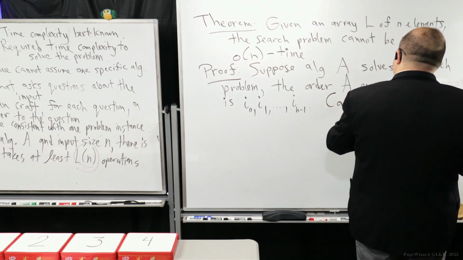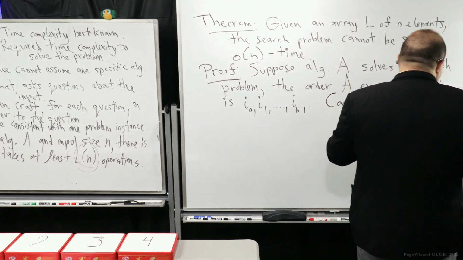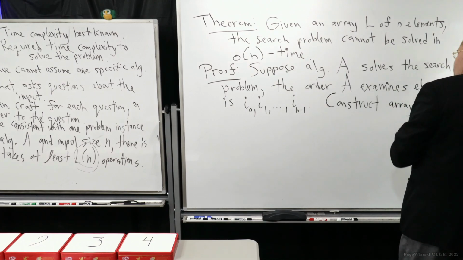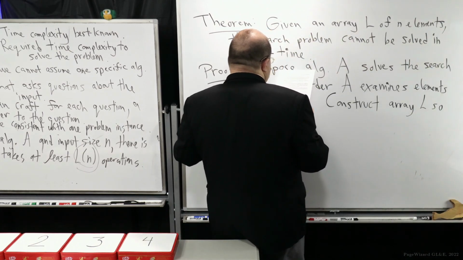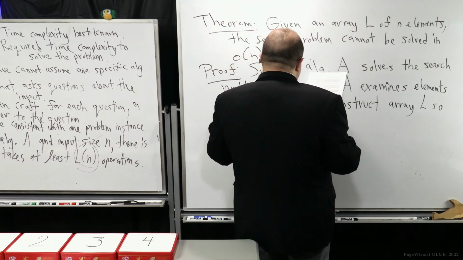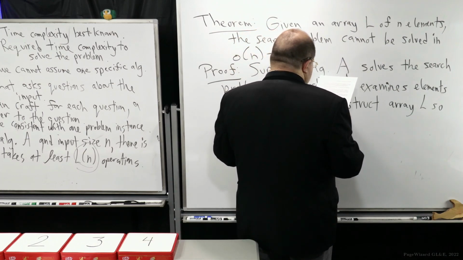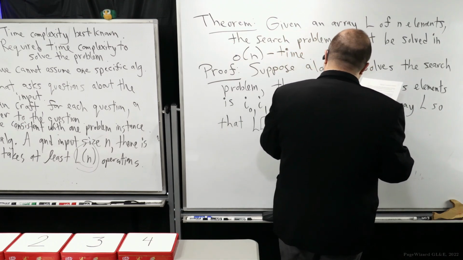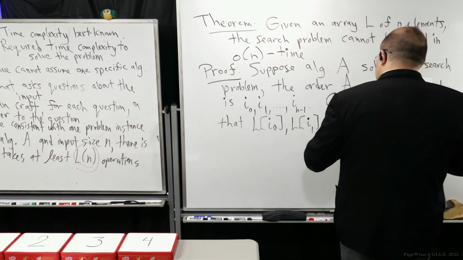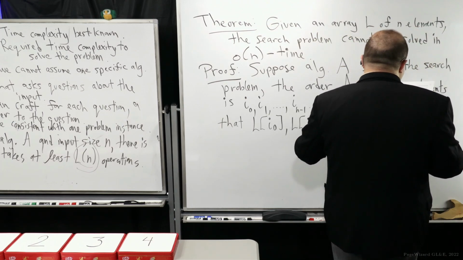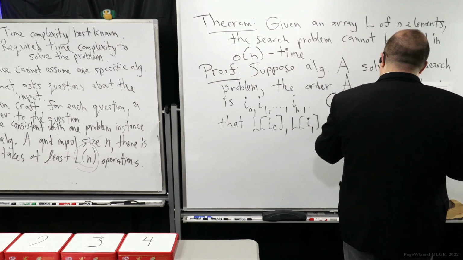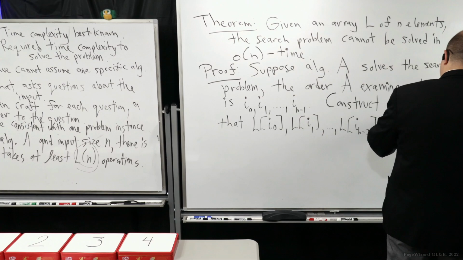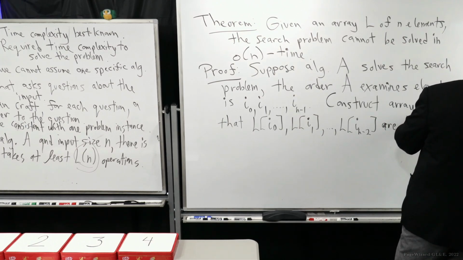So construct, and this is what the adversary will do, construct array L so that L sub I0, L sub I1, all the way up to L sub I n minus 2 are all not x.